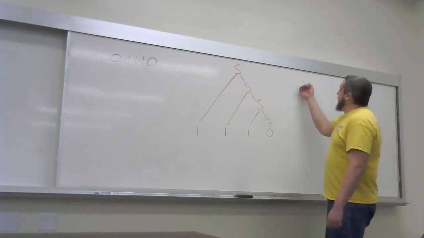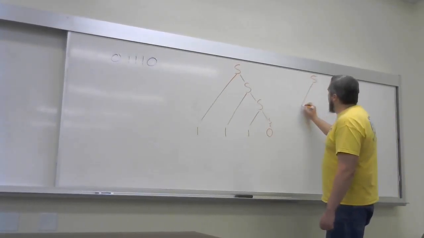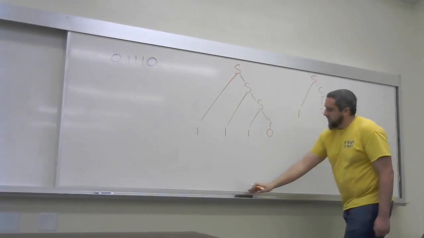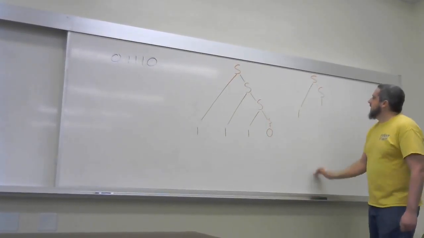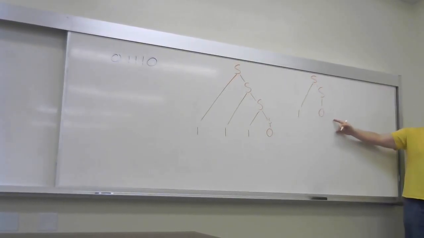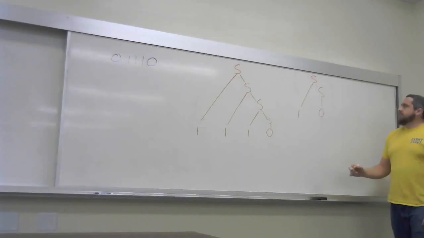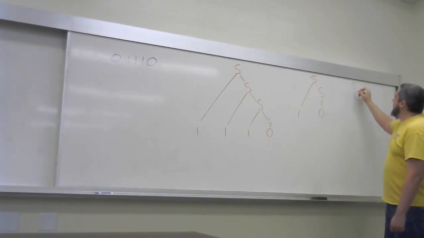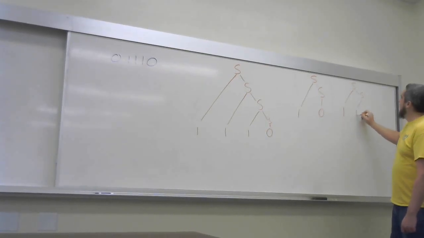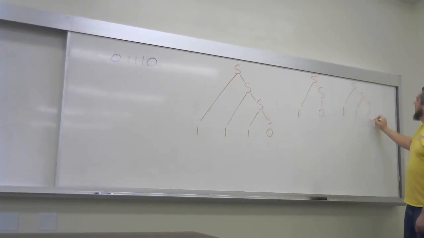Another tree, for example, would be to take S and apply rule 1, apply rule 2, like so. That's another tree, correct? What about that? That's another tree.